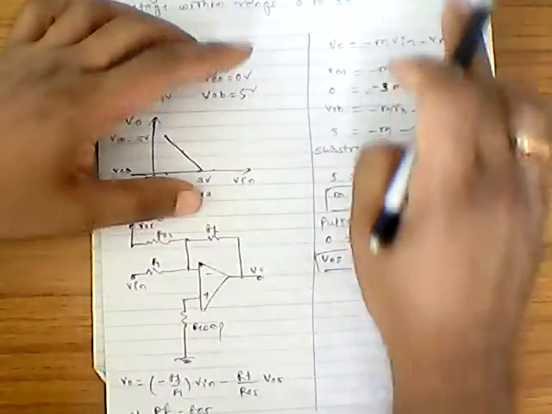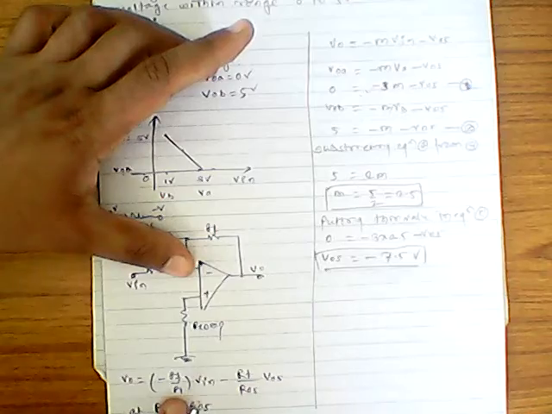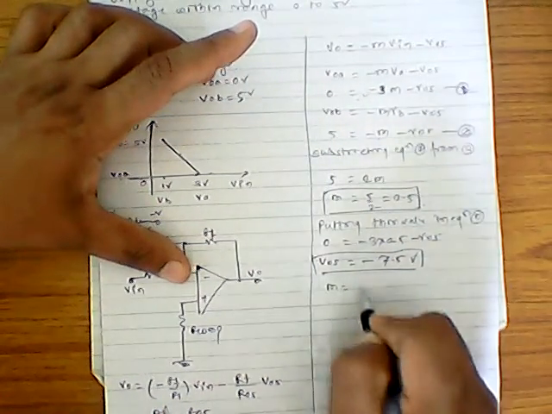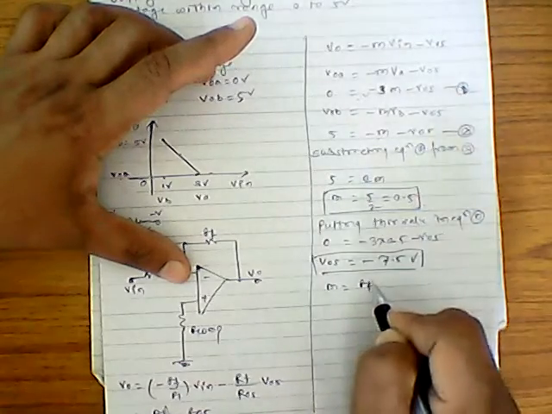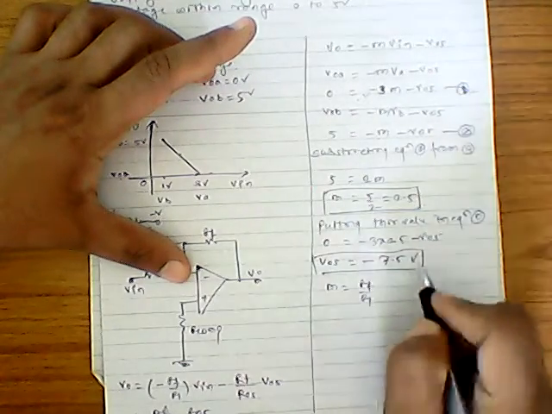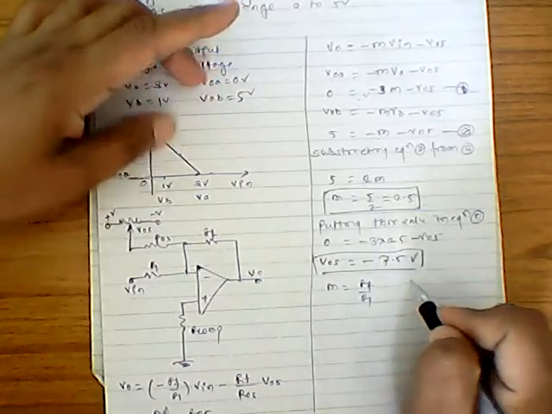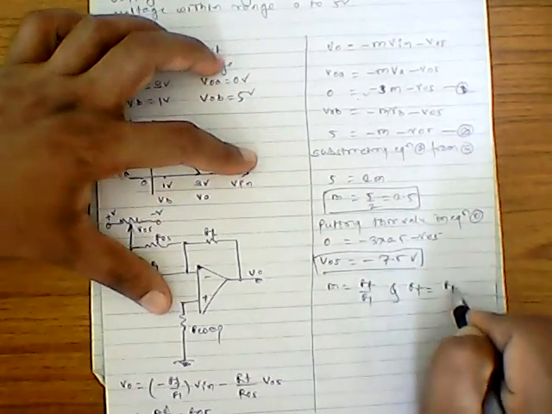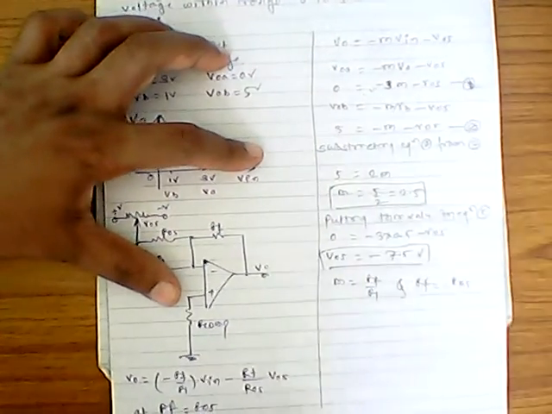But we have considered that M is equal to RF by R1, and RF is equal to ROS, that we have assumed.